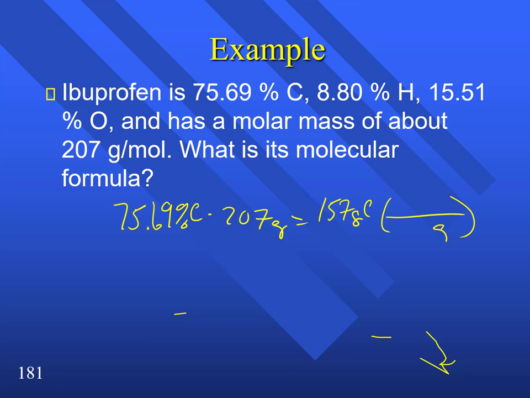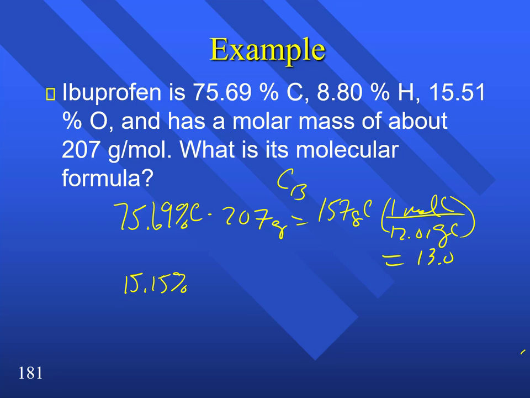Grams of carbon to moles of carbon. 1 mole is 12.01 grams. Do that division, I get, with 3 sig figs, 13.0. So that is C13. Now the hydrogen, 8.80%, sorry. 8.80% hydrogen times my 207.